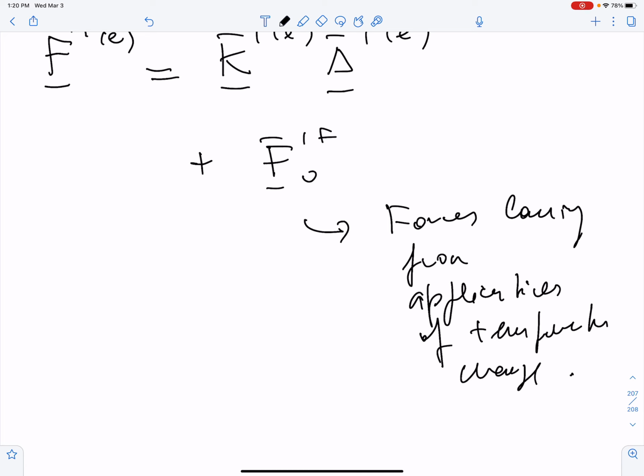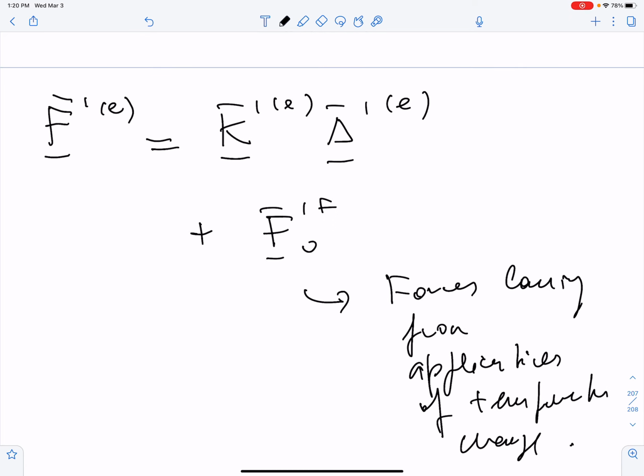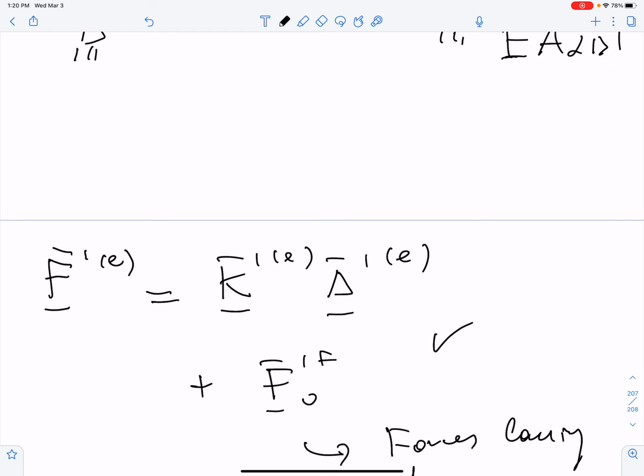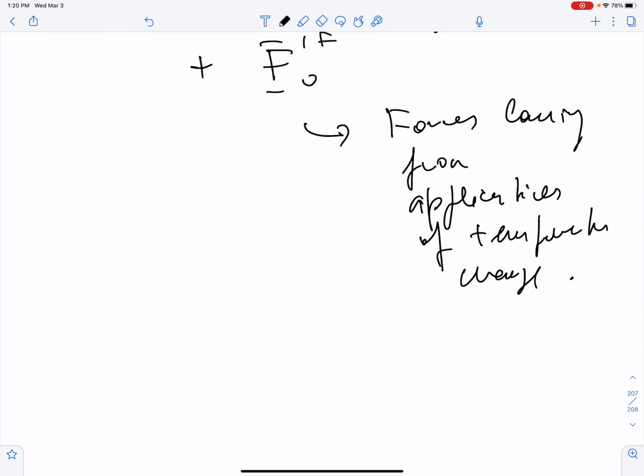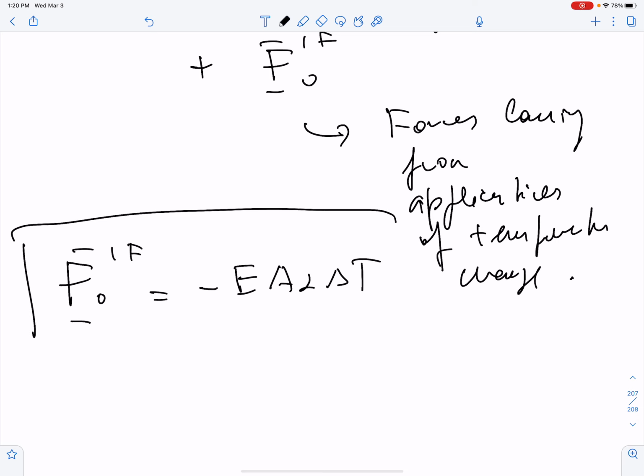And the key is that relationship actually holds in the basic system. And because the forces are compressive, F prime F0 equals exactly minus EA alpha delta T.